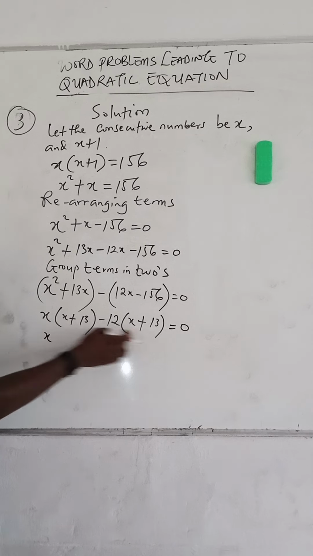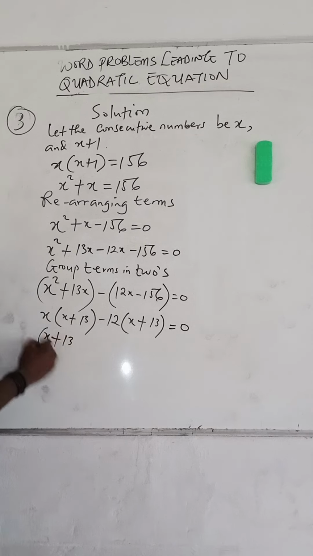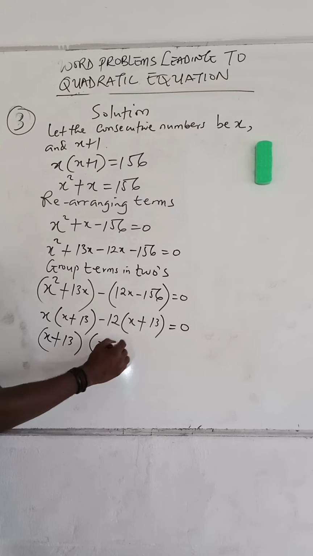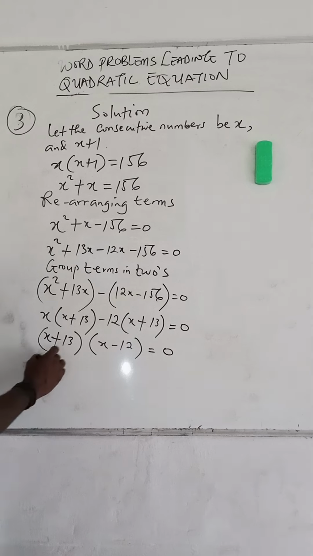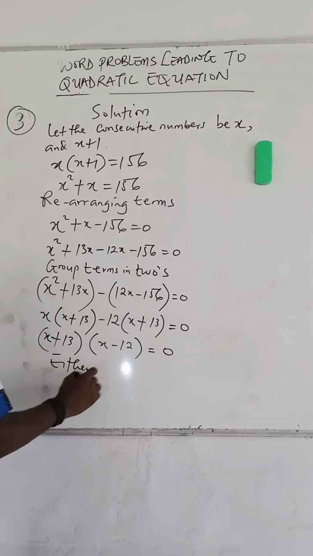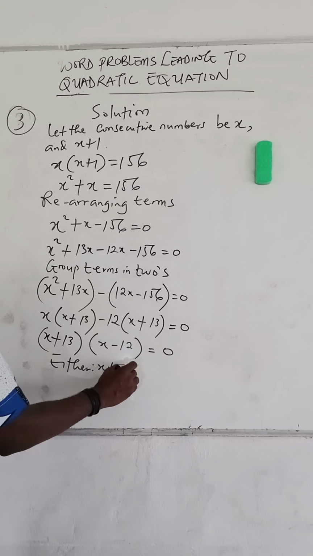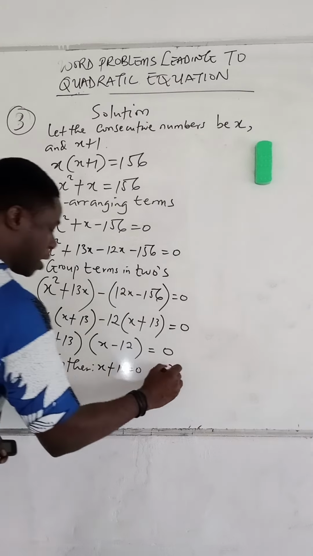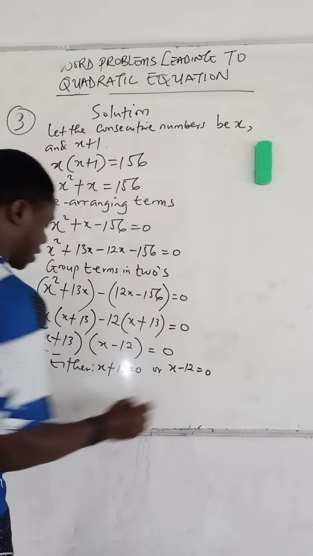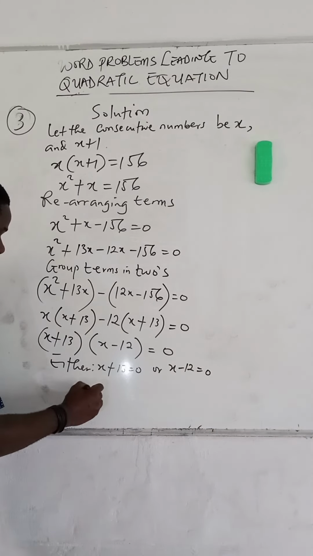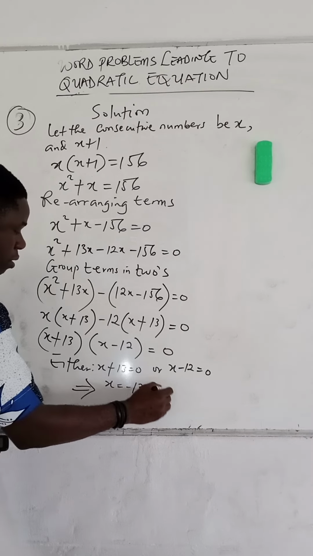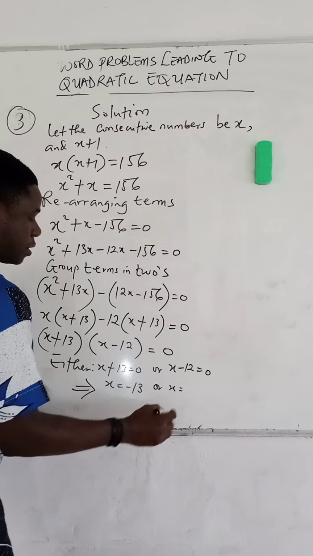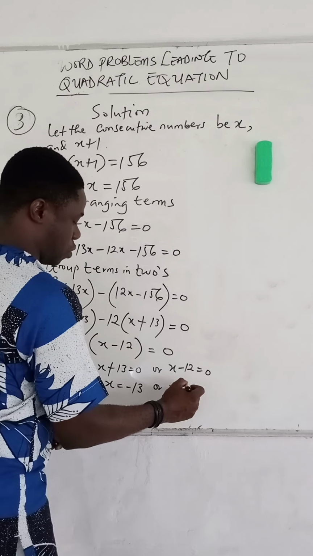By taking the factors, x plus 13, we'll be left with x minus 12 equals 0. So it is either x plus 13 equals 0 or x minus 12 equals 0. This implies that x equals minus 13 or x equals 12.